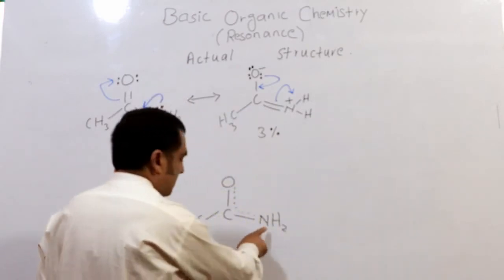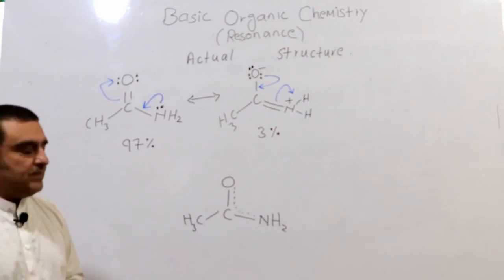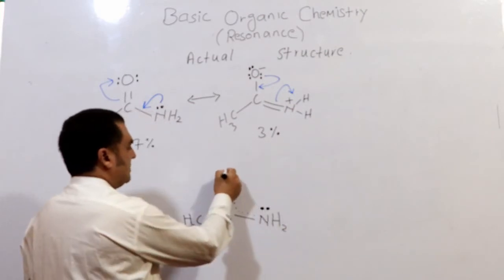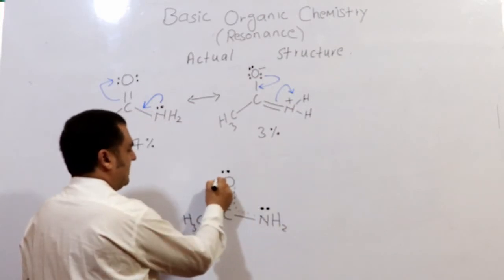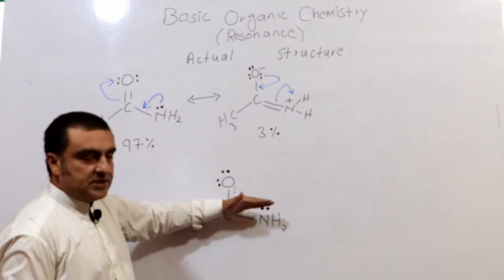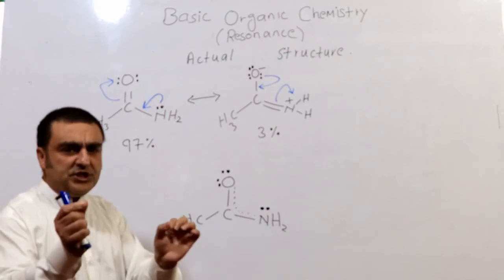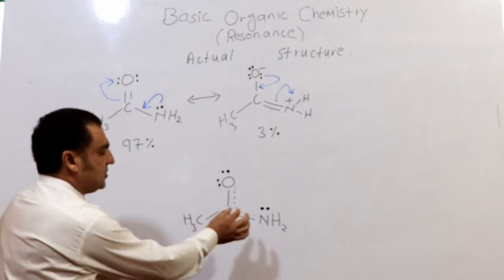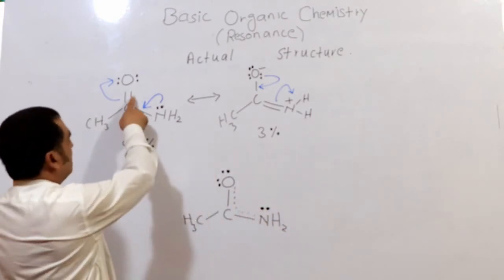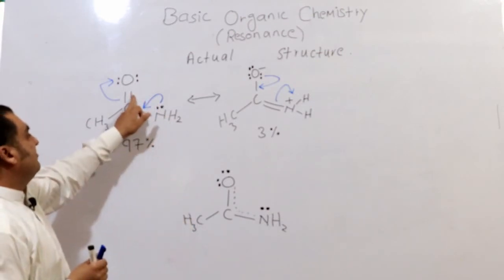Now here the nitrogen must have its lone pair present on it, and the oxygen should have its lone pair present on it, but those pi electrons offer just 3% of their electron cloud to the bond.